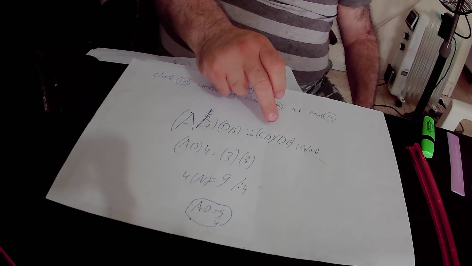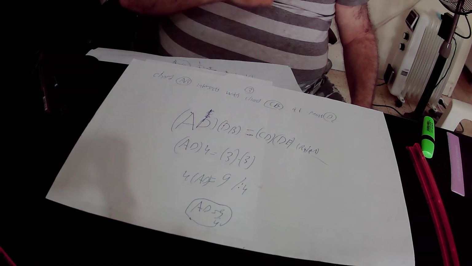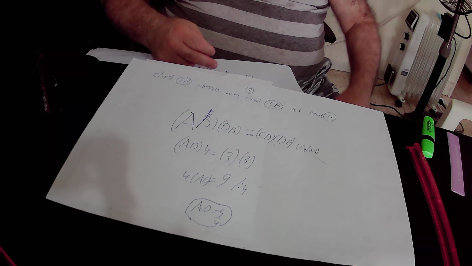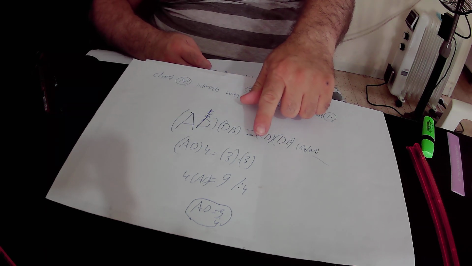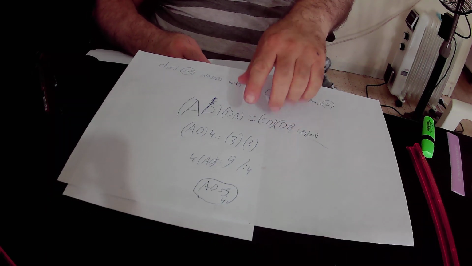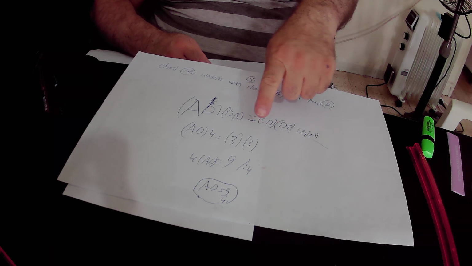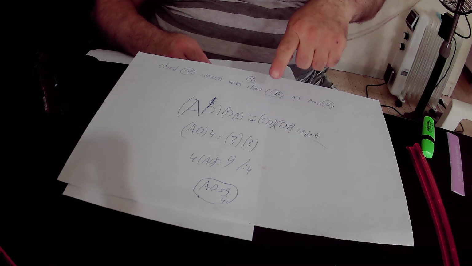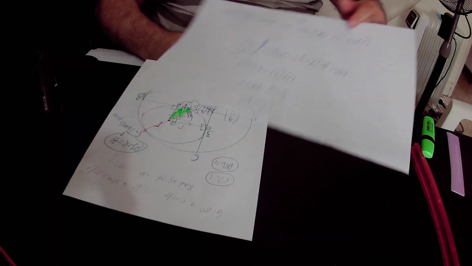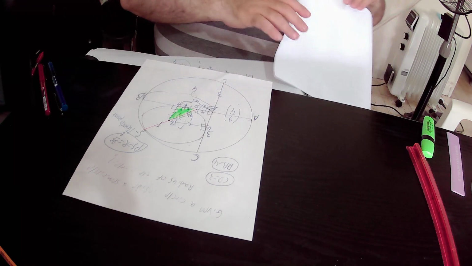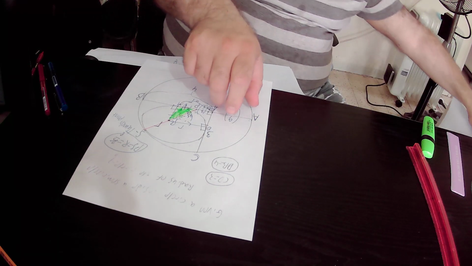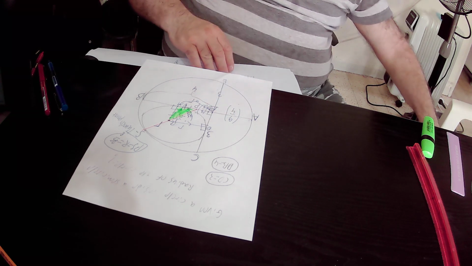And we have already found out that DE equals 3 units. So in conclusion, AD times 4 equals 3 times 3, that is 9, or 4 times AD equals 9. We divided this equation by 4, and found that the missing line segment AD equals 9 over 4.